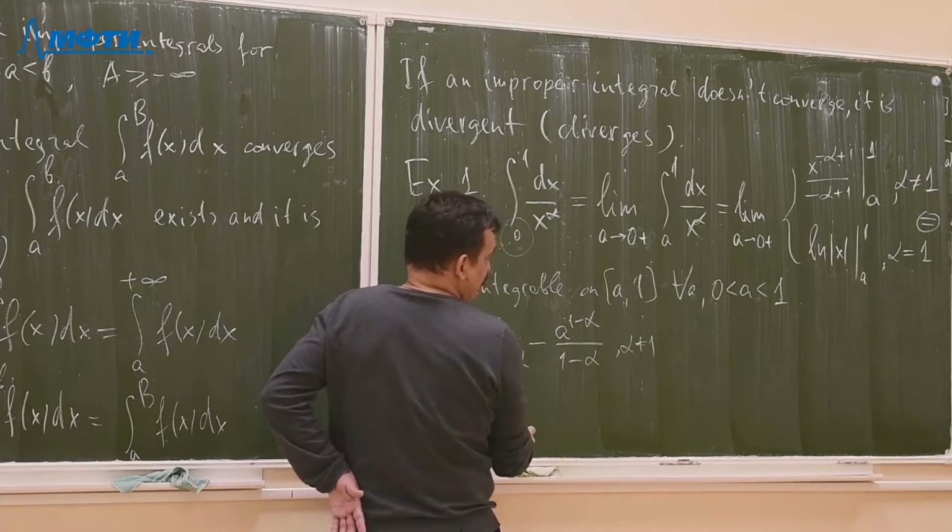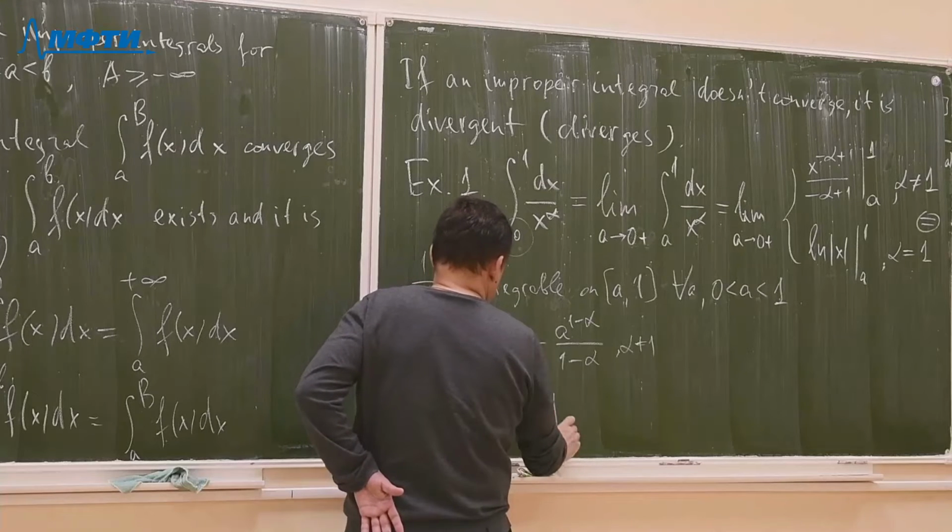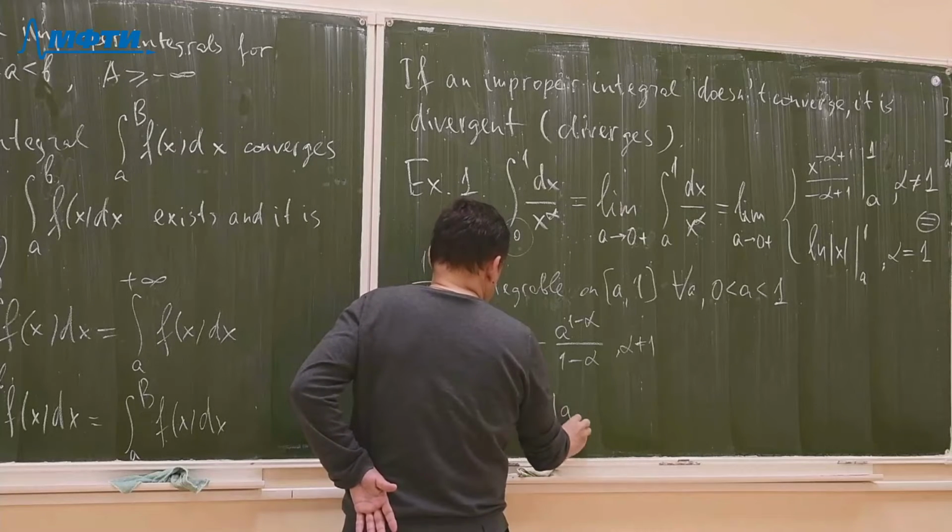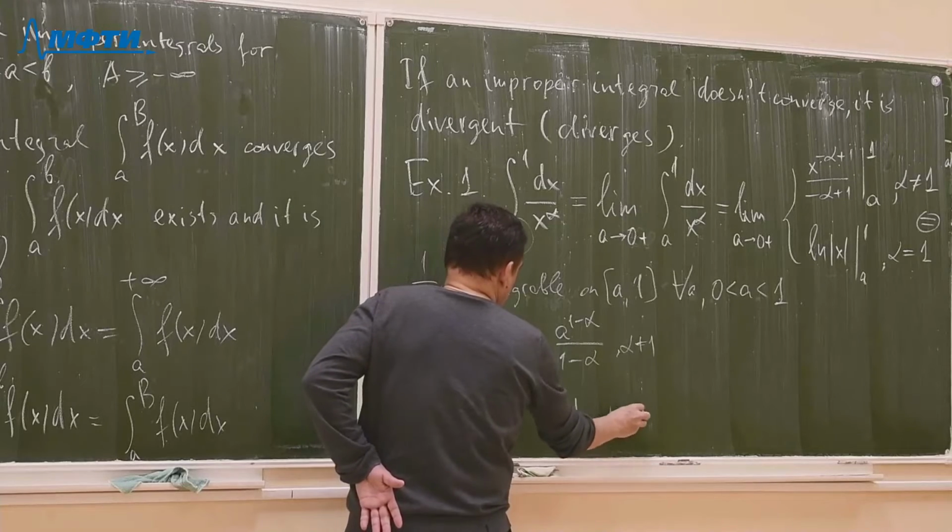And here we have minus logarithm modulo a if alpha equals 1.